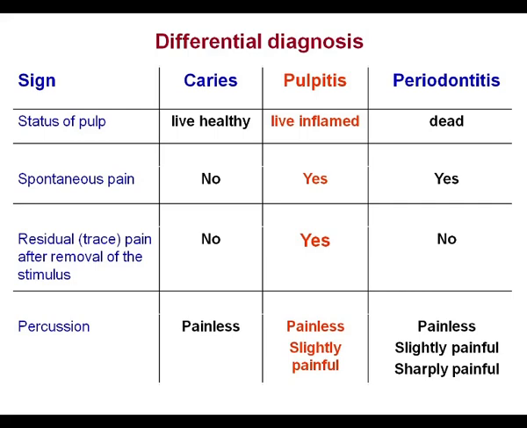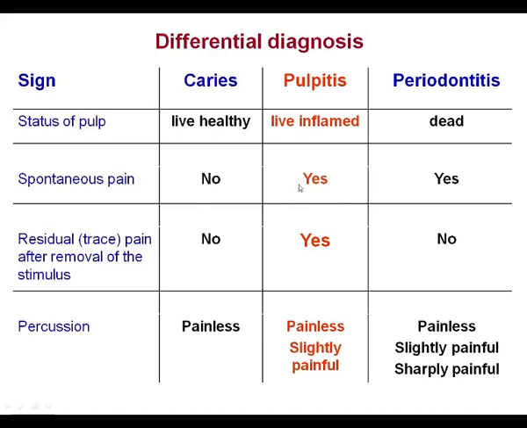In pulpitis, it's live and inflamed. And in periodontitis, it's dead. As for spontaneous pain, there is no spontaneous pain in caries. In caries, pain is always after irritants: from hot, from sweet, from mechanical, from food.